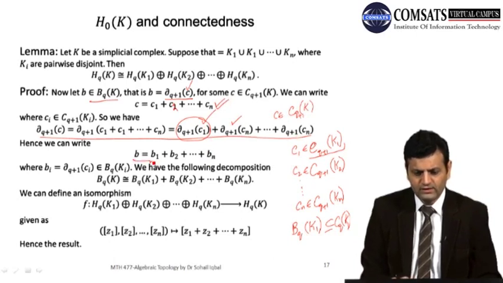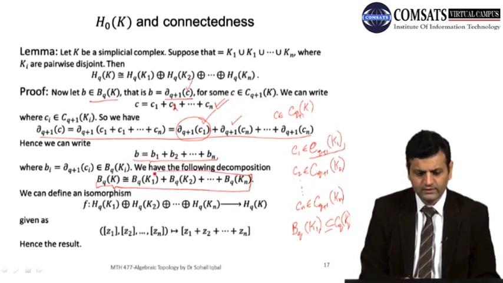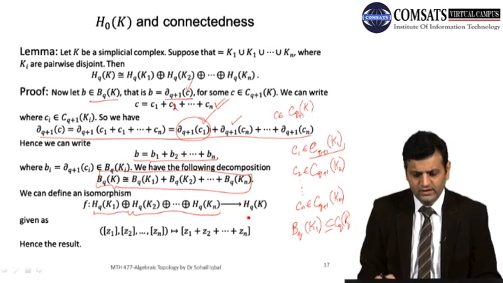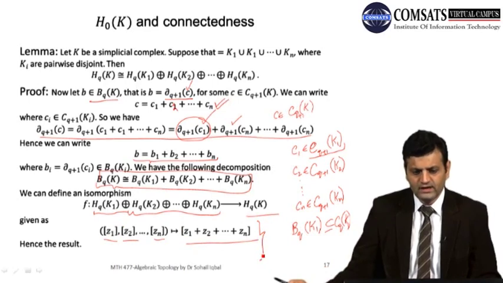So this B can be decomposed as B1 plus B2 plus Bn, and this B1 belongs to BQ of K1. So BQ of K can also be decomposed in this way. Okay, so now we can define an isomorphism from the direct sum HQK1, HQK2 up to HQKN to HQK, taking Z1, Z2, Zn to Z1 plus Z2 plus Zn. This is an isomorphism, it's very trivial to see, and this proves our required result.